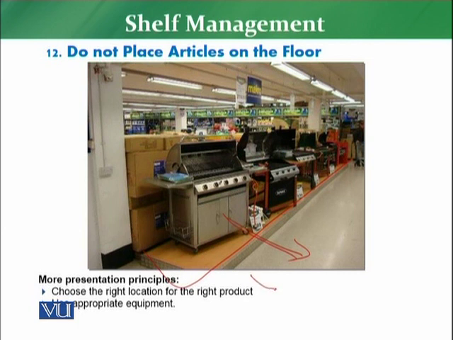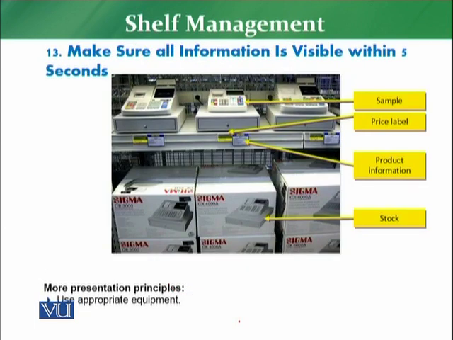So two things we need to take into consideration: again, using the appropriate equipment, and choosing the right location for the right product. The next principle is to make sure all information is available to the customer within 5 seconds. The 5-second principle is that the customer should be able to see 4 basic pieces of information. First of all, the sample: either the product sample is available or not. Second, the price label.